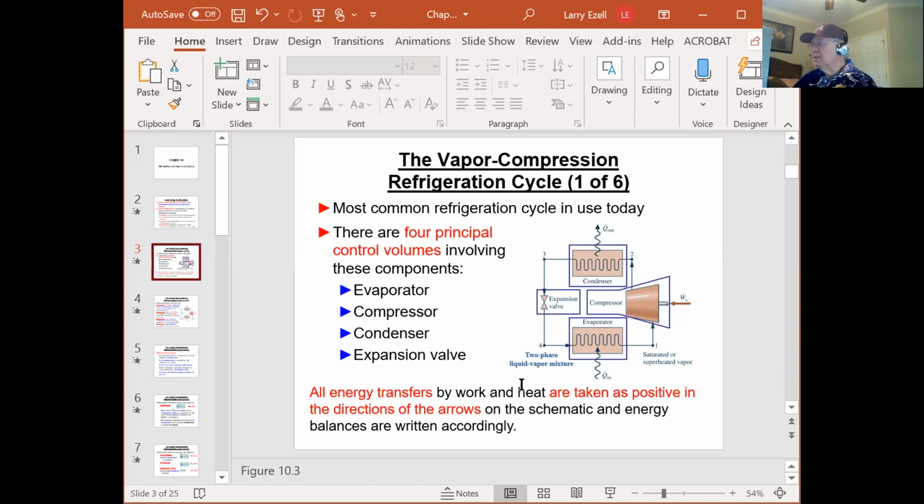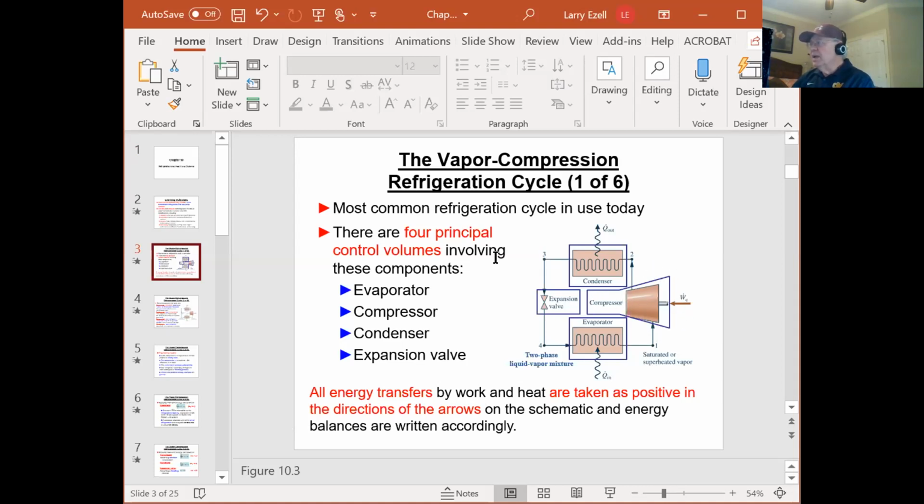Now we're going to abide by what this diagram says. It's a little different than what I've taught you so far, and I'm going to try to make sure it does not confuse you. But the energy transfers we're going to take as positive in the directions of the arrows. Now this is different, I understand, but I think we'll be fine.